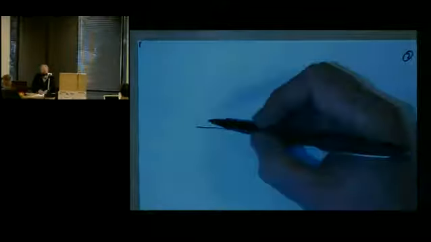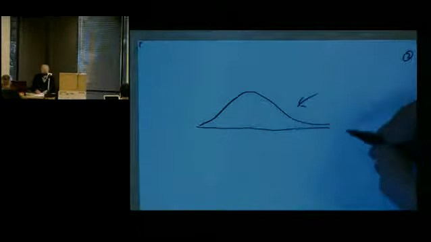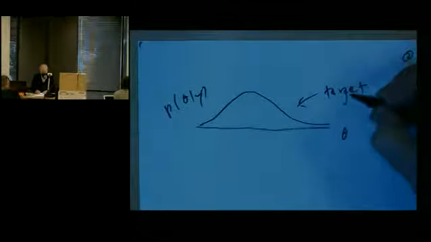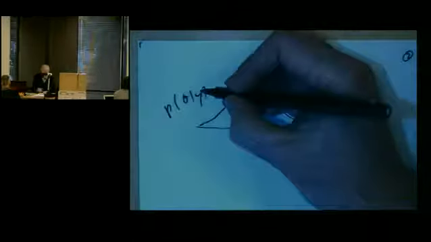So if you look at members of the beta family, they look like this, and so that's going to be our target. So this is the theta here, and this is the scale P of theta given Y, so that's the posterior. That's our target. It's not quite so easy to see how to build an envelope on the scale of the density, but what if I took the logarithm of the density?